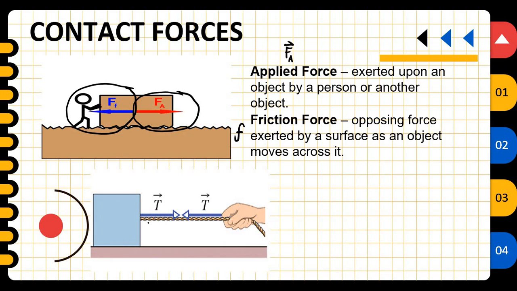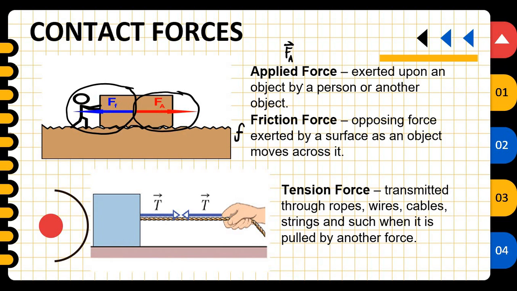The second picture shows us that there is a force happening in the strings or in the rope. So this force is what we call the tension force. It is transmitted through ropes, wires, cables, strings, and such when it is pulled by another force.